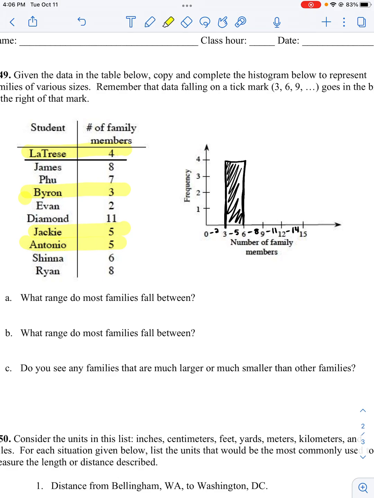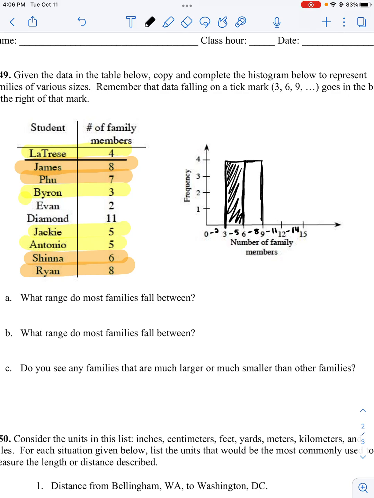Okay. My next one that I'm going to look at is James, just because he's next in line. So he'll fall between 6 and 8. So I want to find all my 6s, 7s, and 8s. So I have 1, 8, 1, 7, a 6, and another 8. There's 4 again.